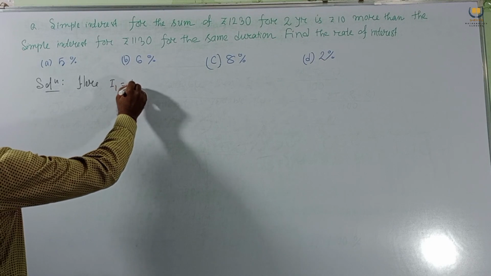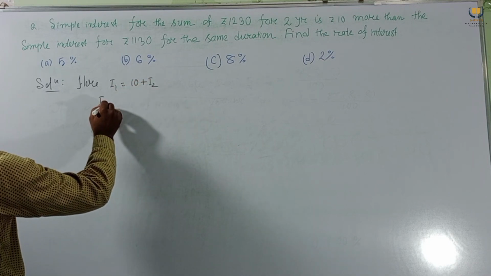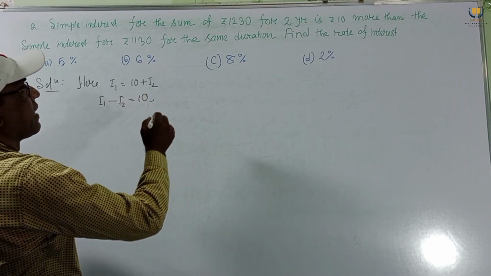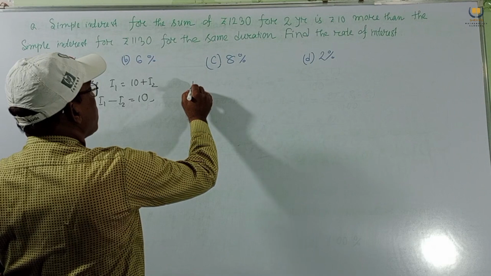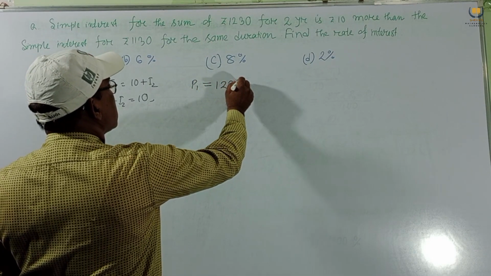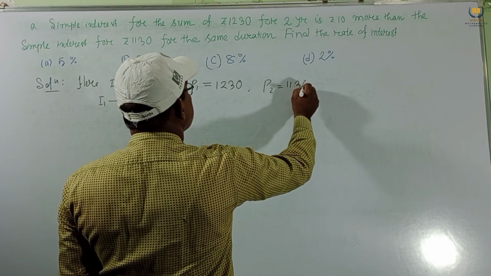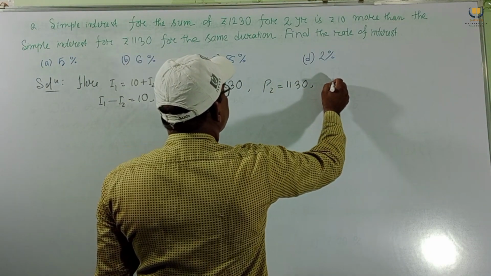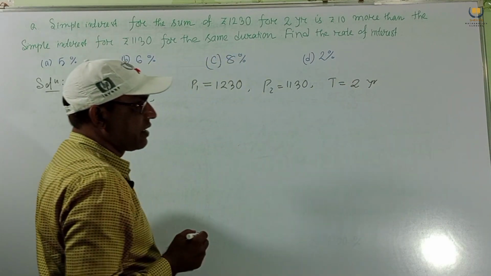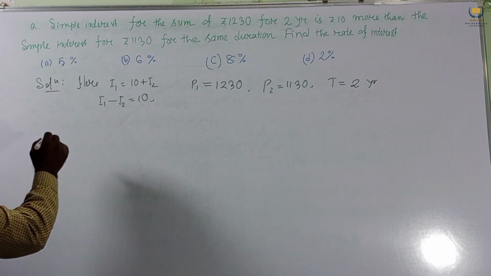I1 equals 10 plus I2, that means I1 minus I2 equals 10. P1 is given as rupees 1230 and P2 as 1130, and time T is 2 years. Now we have to find the rate of interest.